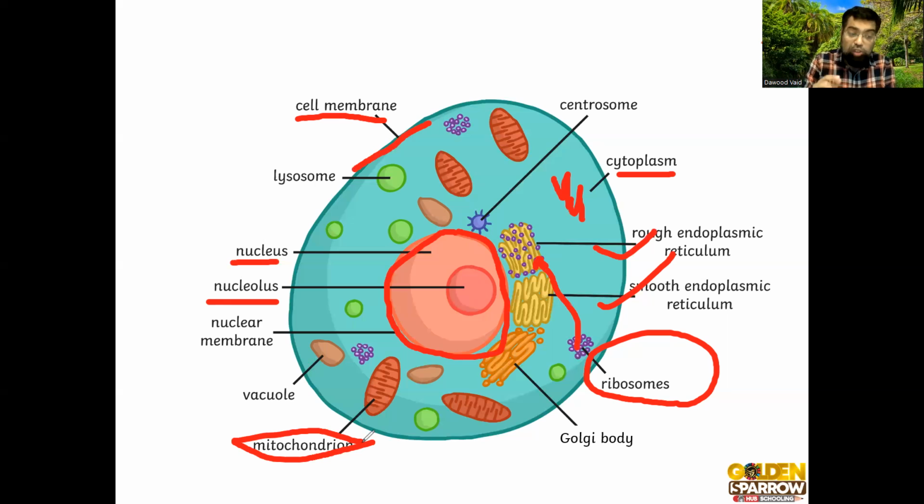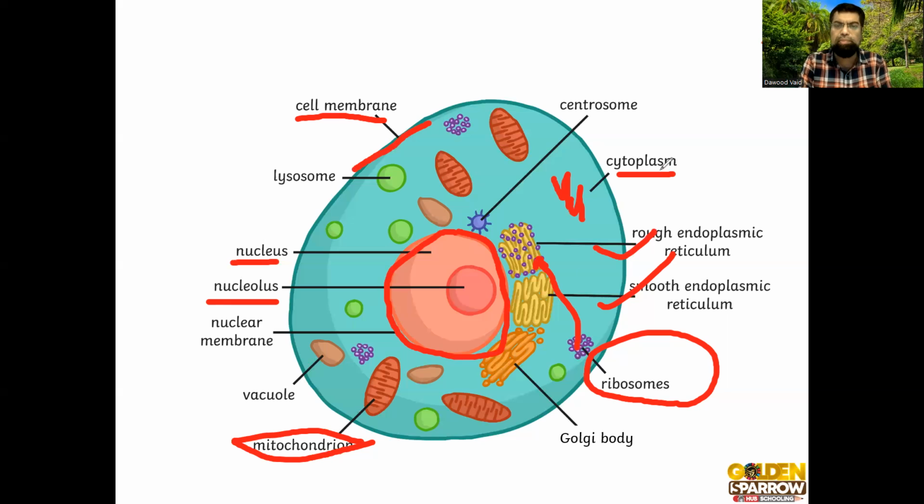They are also called the powerhouse of the cell because energy gets released and stored in them during respiration. So a question could come: what is the powerhouse of the cell? And the answer is M, mitochondria. How do you describe them? Sausage-shaped or rod-like granular bodies scattered in the cytoplasm.